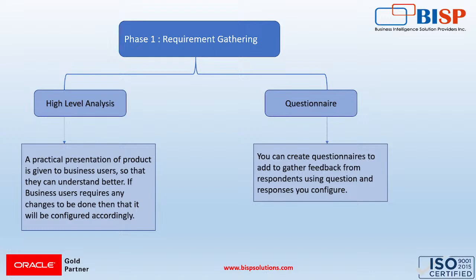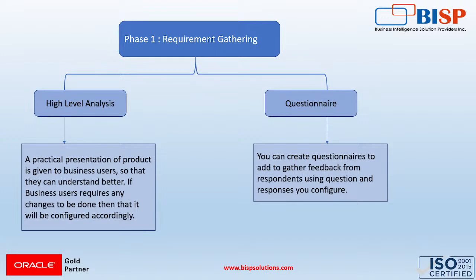It will be configured accordingly, because after all, we are the developers, or the configurers, or the functional team. Whatever configuration is required depends totally on the business users, on how we can design the product. The second requirement gathering is questionnaires.